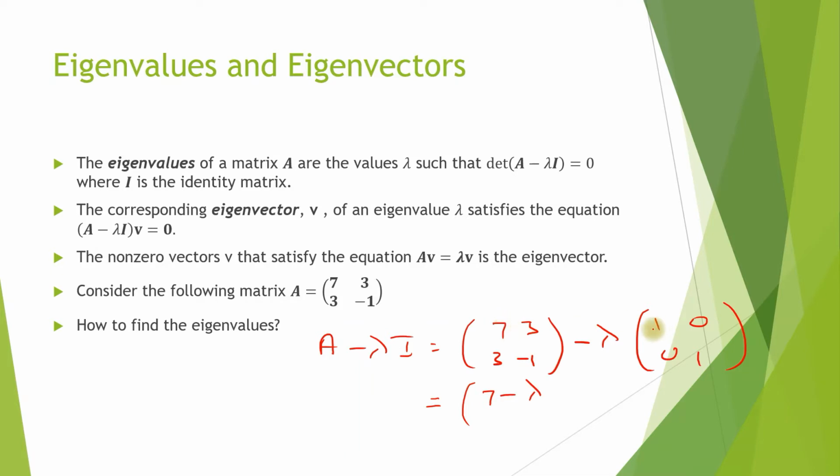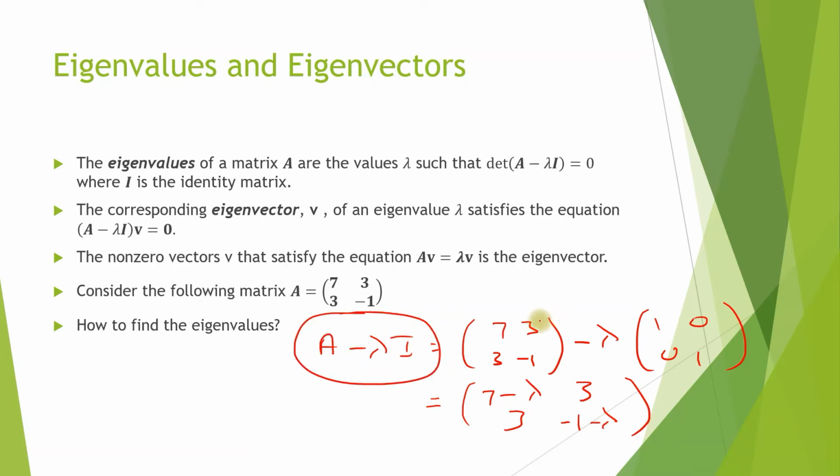So you have 7 minus lambda, 3 minus lambda times 0, which is 3, and then 3 minus lambda times 0, which is 3, and then minus 1 minus lambda times 1. So in other words, it becomes minus 1 minus lambda. So that is our matrix A minus lambda I.